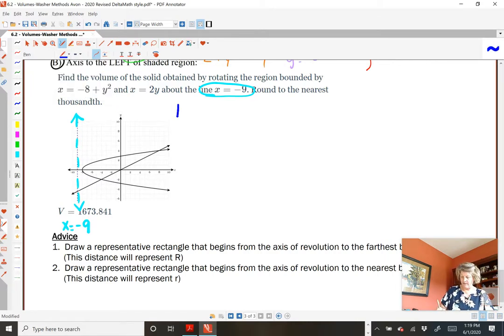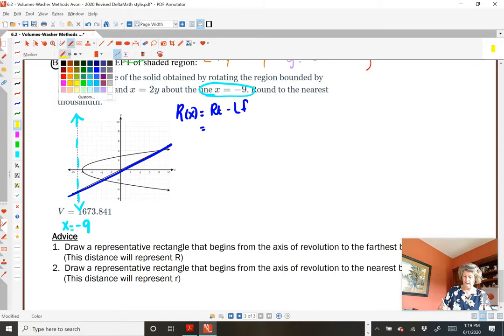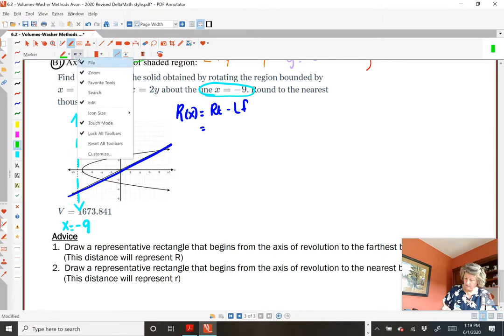Think right minus left. So big R of x is going to equal right minus left. And the right function to me appears to be that linear function. I'm trying to thin it up, you guys, so that it isn't so thick.